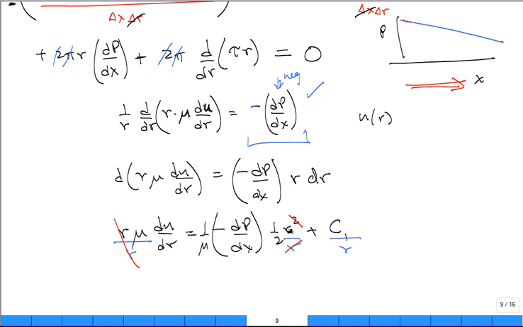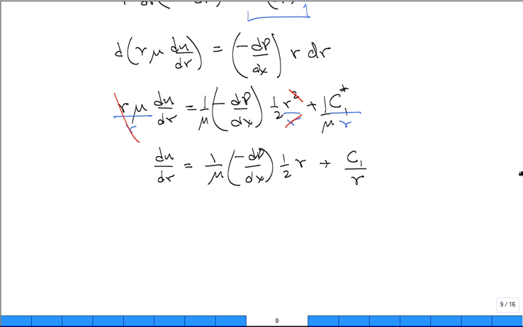And when I bring the 1 over, I just change a constant. It's just a different constant of integration. So now I have du dr is equal to 1 over mu negative dp dx times 1/2 r plus constant of integration over r.